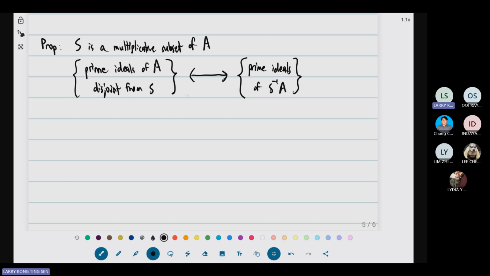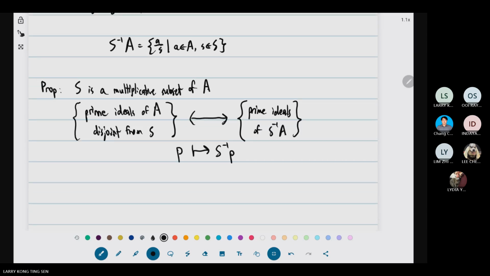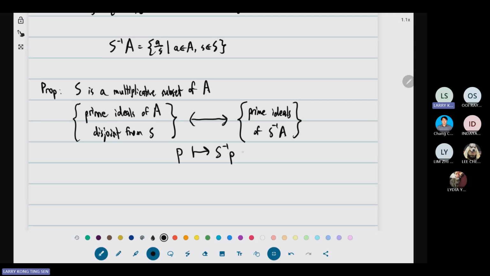And the more explicit map is given by P, as it turns out, which is exactly just this.